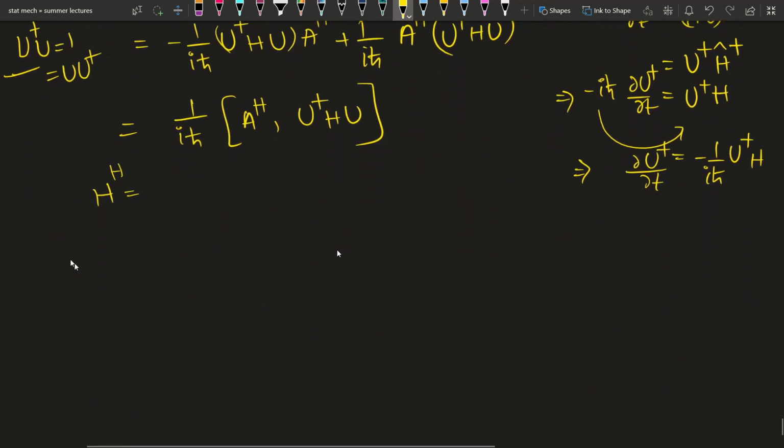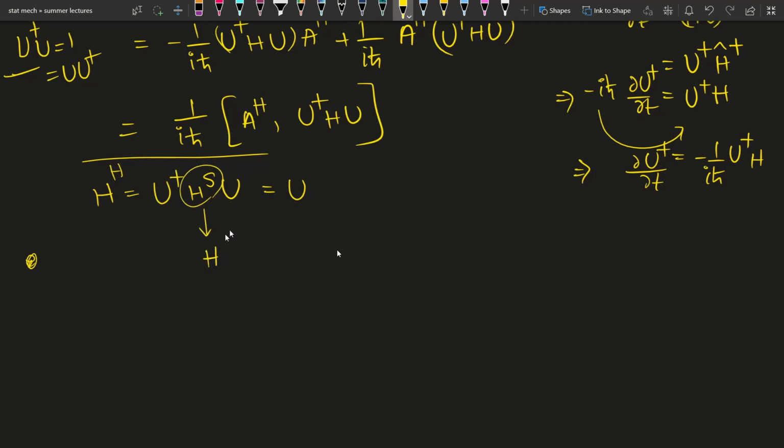The H in the Heisenberg picture will be something like this, with H in the Schrodinger picture and U. The concept of H was originally introduced in the Schrodinger picture, when we discussed the time evolution operator in that case. So for simplicity I can write this to be just H. So U dagger H U is just this, two things are equal.